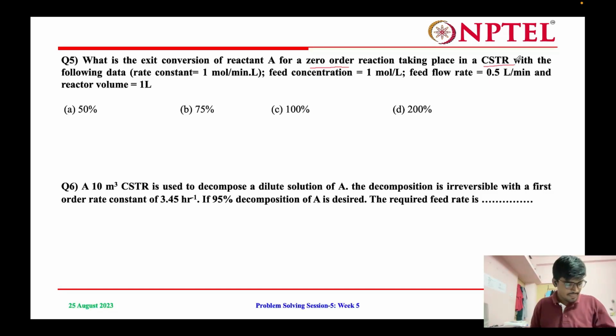The performance equation for CSTR is V divided by FA naught equals tau divided by CA naught equals XA divided by minus RA. Here it is a zero order reaction, so minus RA equals K.